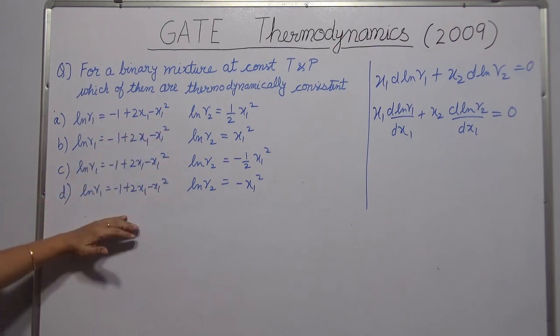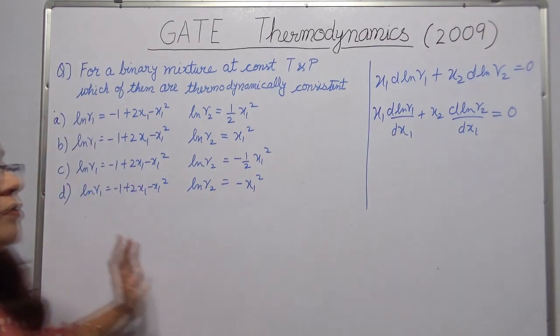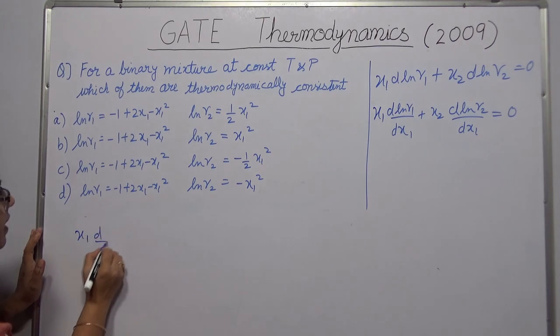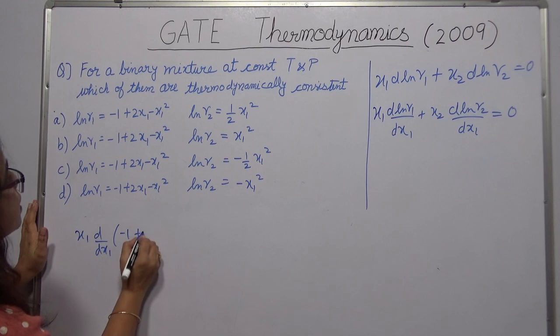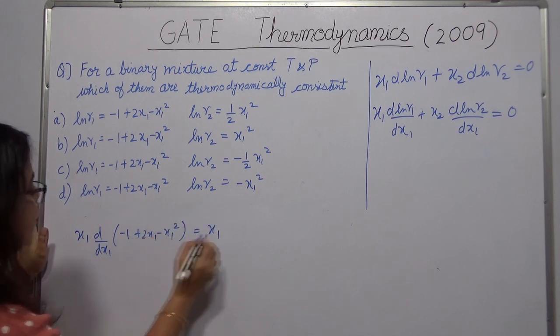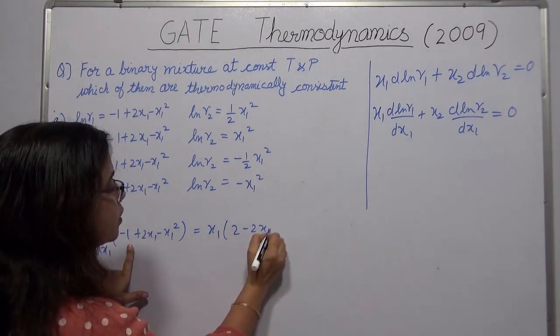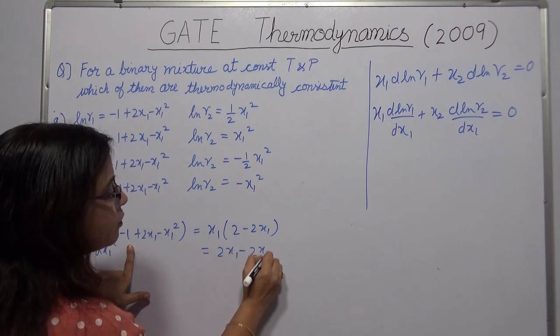Okay, so first we will find the value of your first term. It will be x1 times d by dx1 of ln gamma 1, where ln gamma 1 is minus 1 plus 2x1 minus x1 square. Take the derivative, so it is equal to 2 minus 2x1, or I can write this as 2x1 minus 2x1 square.